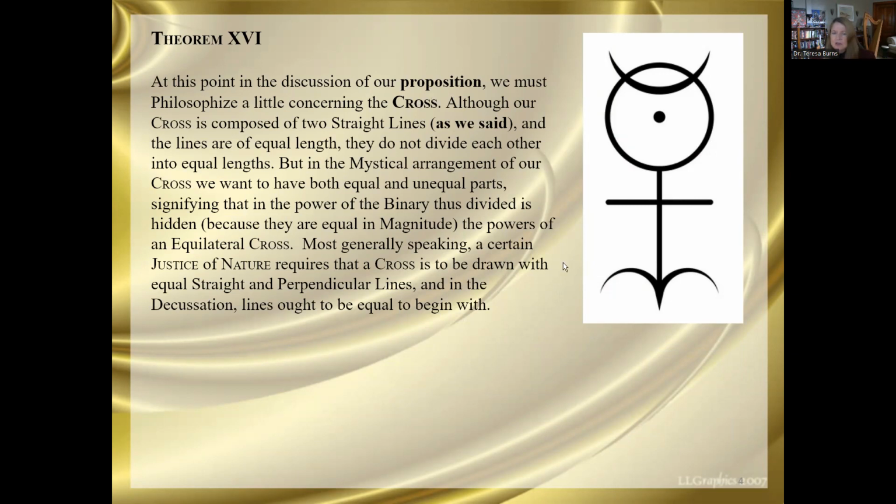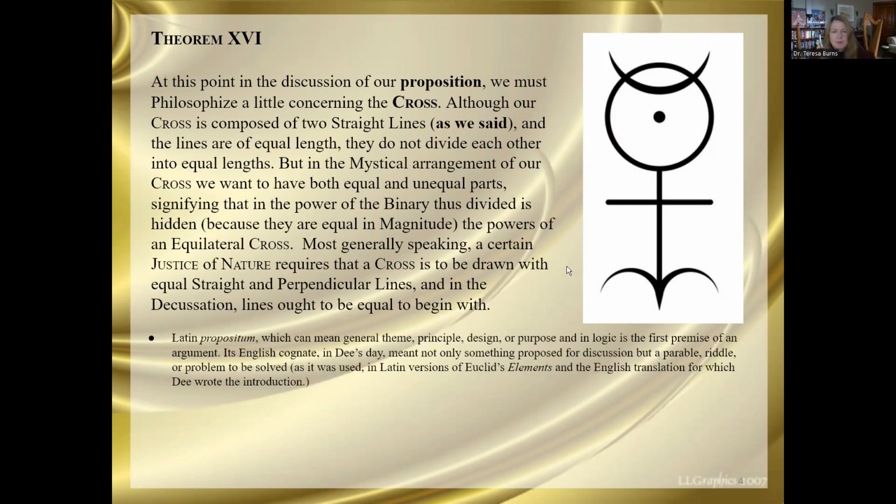But let's just take a look at these 2 words here. First of all, proposition. The Latin word propositum, just like the English word, means a general theme or principle that you're going to argue. In classical logic, it's the very first premise of an argument. However, in Dee's day, the English cognate proposition also meant something that was a parable, a riddle.